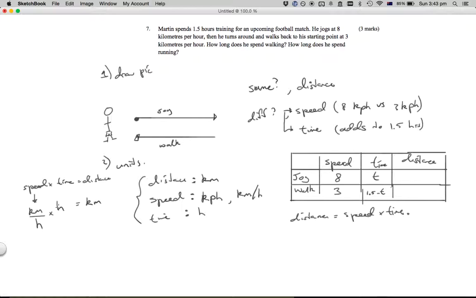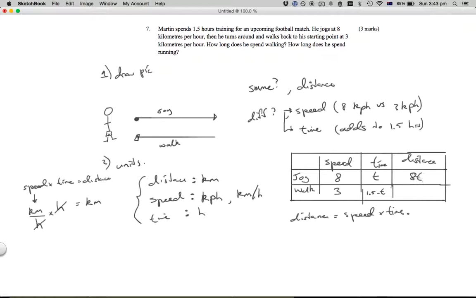So when we multiply this side, the hours cancel and we get kilometers. That's called unit analysis, and it can help you get your head around what needs to be multiplied or divided by what. As I said, if that didn't make sense, don't worry about it, but if it did, hopefully it helped out. So our distance is going to be our speed times our time.